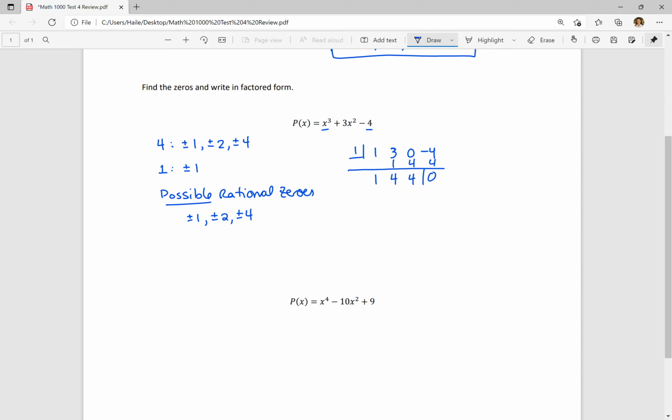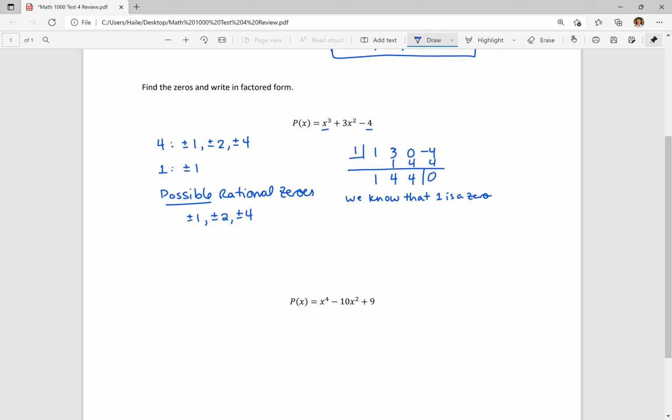Once you get a synthetic division problem that gives you a 0 in your remainder spot, you know that you found a 0 of your polynomial. So in this case, we know that 1 is a 0.